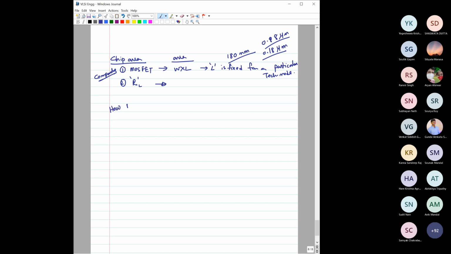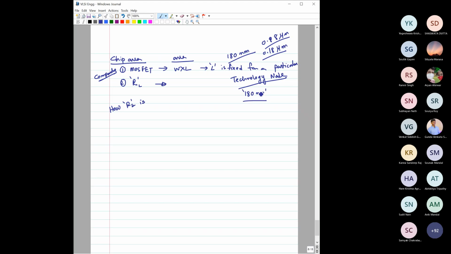Sir, can you clarify the particular tech node in the first point again? What do you mean by particular tech node? Okay, technology node. Particular technology node means, suppose when you are designing any circuit, you first have to decide that you are going to design it at the 180 nanometer technology node.